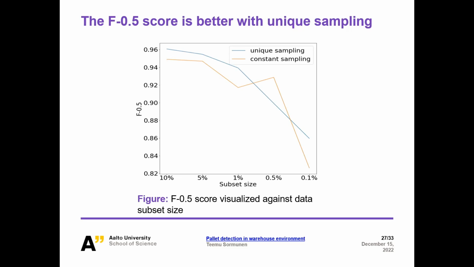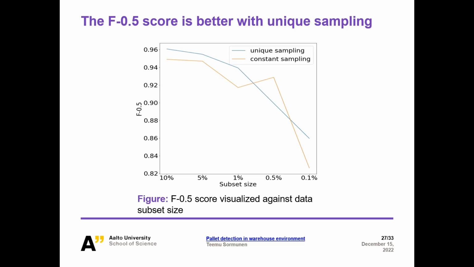This could be that the constant subsampling just was lucky when choosing the samples, such that the annotation mistakes or annotation differences were minimized and the best performance could be achieved. However, the unique sampling seems to produce more robust and in general higher performance than the constant sampling. This answers our third research question, which is that unique subsampling performs better than constant sampling.